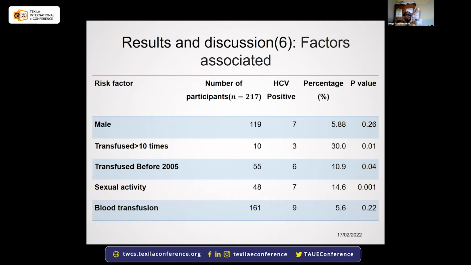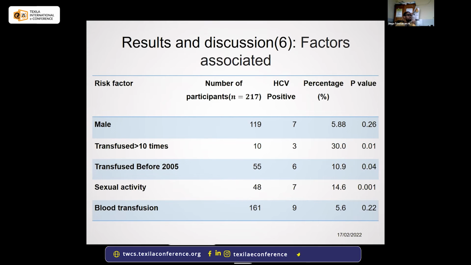As concerning the risk factors, after doing our chi-square test, our monovariate analysis, we noticed that the predominance of hepatitis C was greater in females than in males, with 5.8% versus 5.6%.